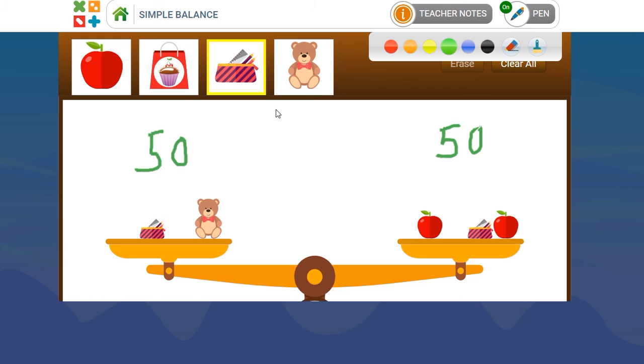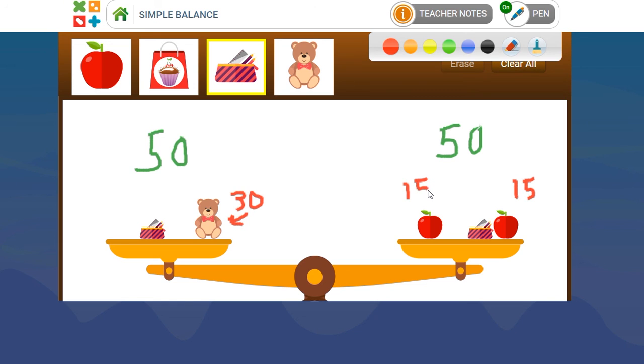And if we tell them, for example, that teddy is 30, and let's say each of the apples is 15. So 15 and 15.